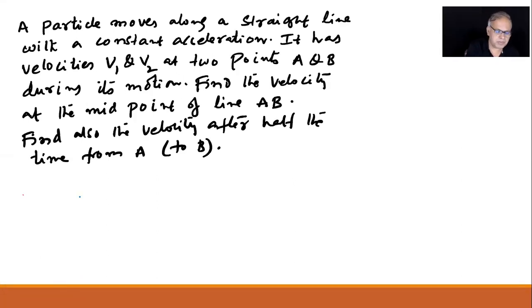As usual, you need to picture the question. A particle moves along a straight line, right? It has velocities v1 and v2 at 2 points during its motion. We don't know where it started. We don't know where it is going up to. But the way the problem is framed, it has velocities v1 and v2 at 2 points A and B during its motion. Find the velocity at the midpoint of AB.